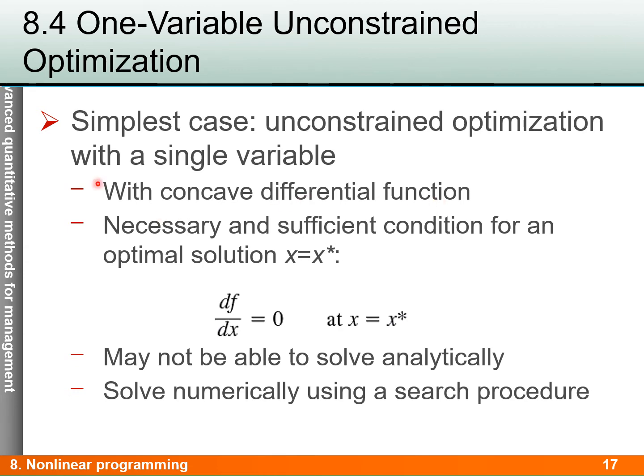It's very important that it should be concave. The necessary and sufficient condition for a particular solution x equal to x star to be optimal is that the first derivative of that function with respect to x is equal to 0. So x star, that is our optimal solution, is obtained.